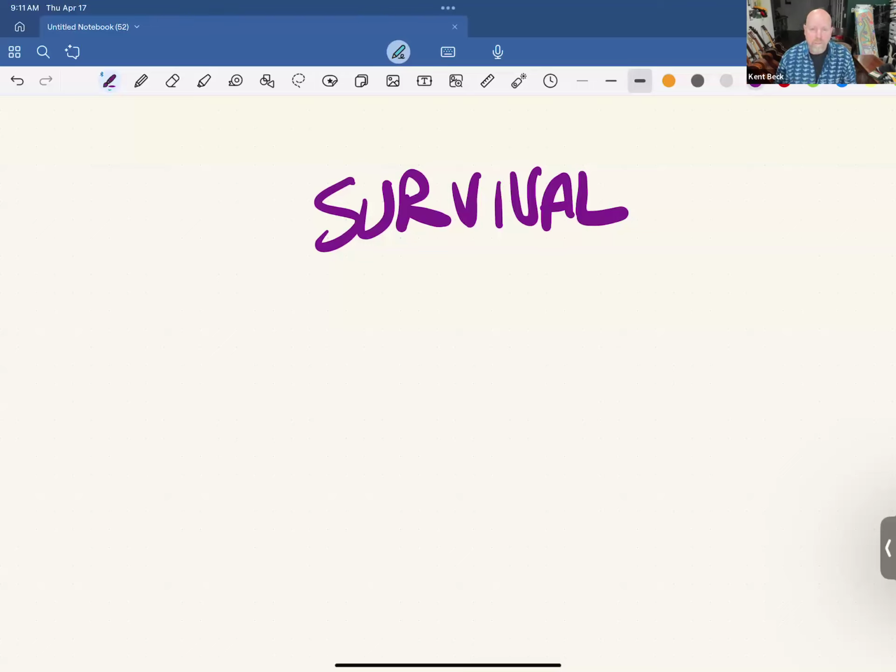Okay, so let's assume that we've adopted a style of design that gives us a chance of survival. Now we have two competing economic imperatives. On the one hand, we have net present value, which is the money coming in and the money going out. Now it's the word net in there, or the word present in there.